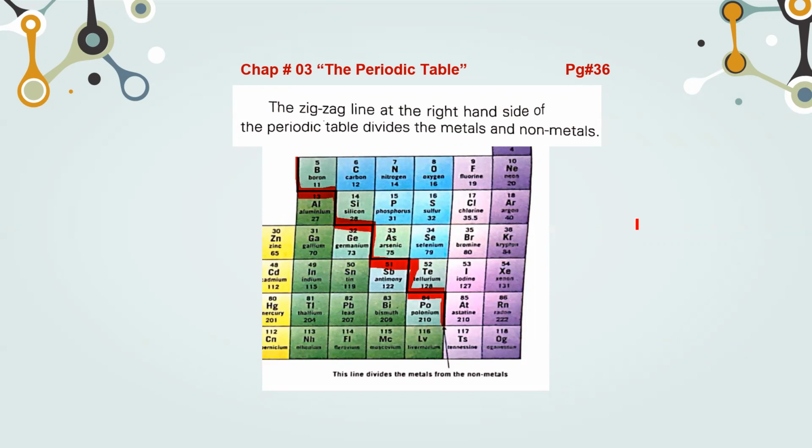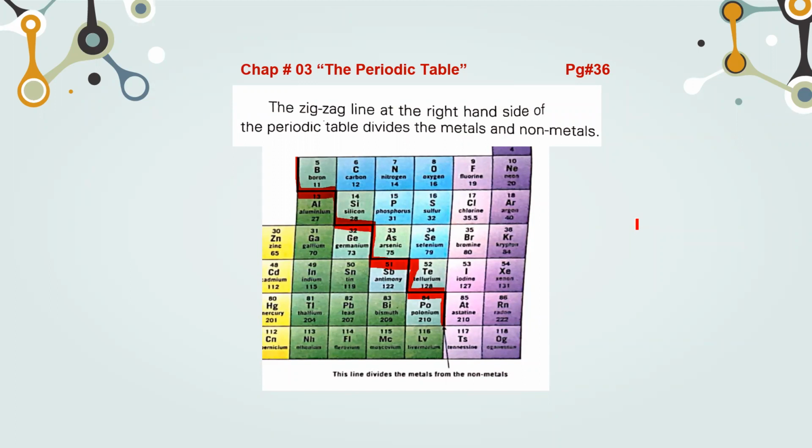Usually metals are polished, but non-metals have dull surfaces. Their melting point and boiling point are quite lower than those of metals. Non-metals can be easily broken, and they are usually unreactive. They do not react with other elements.